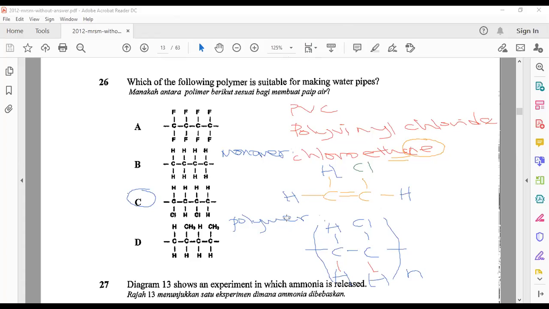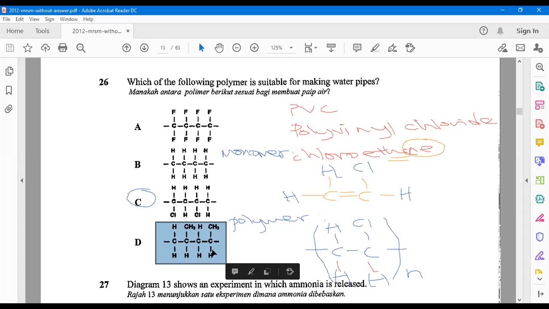Now, let's look at this part D. Part D shows a type of polymer. From the polymer here, you draw a monomer. I repeat, part D shows a polymer. From the polymer, you are going to draw the monomer. Everyone draw now.